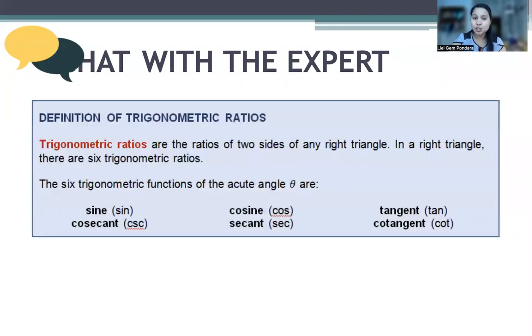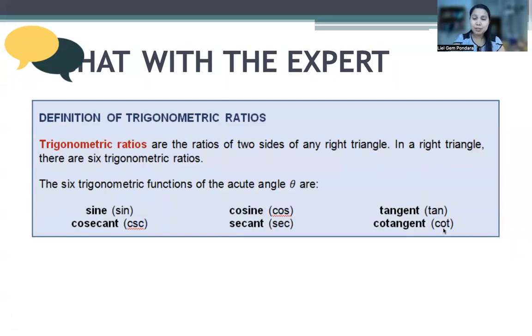Now, there are 6 trigonometric ratios in a right triangle. We call it sine. If you have your calculators, its abbreviation is SIN. We have cosine, COS. We have tangent, TAN. We also have cosecant, CSC, secant, SEC, and cotangent, COT.